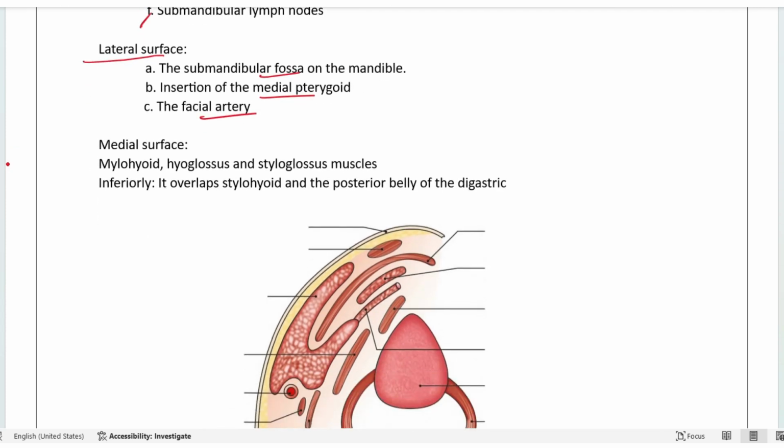Then you have the medial surface: mylohyoid, hyoglossus and styloglossus. A medial surface, always remember, has the muscular attachments. Inferior surface is overlapped by the stylohyoid and posterior belly of digastric.